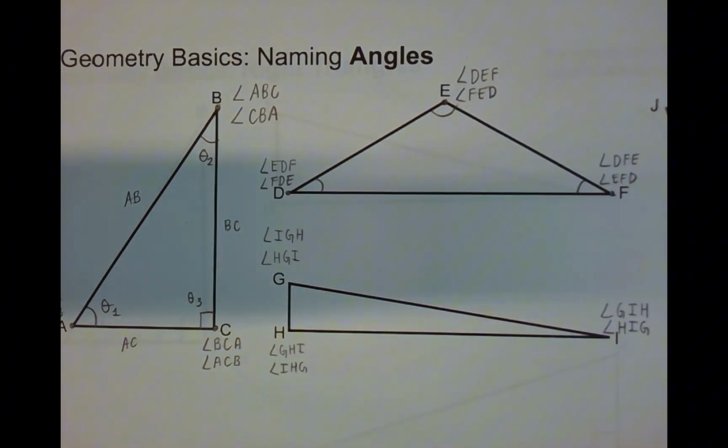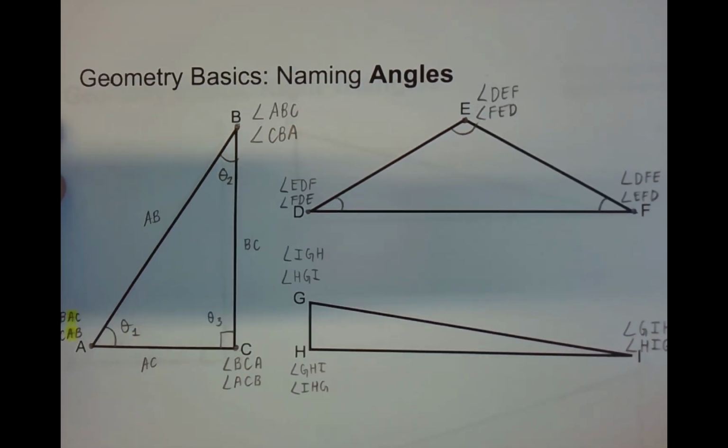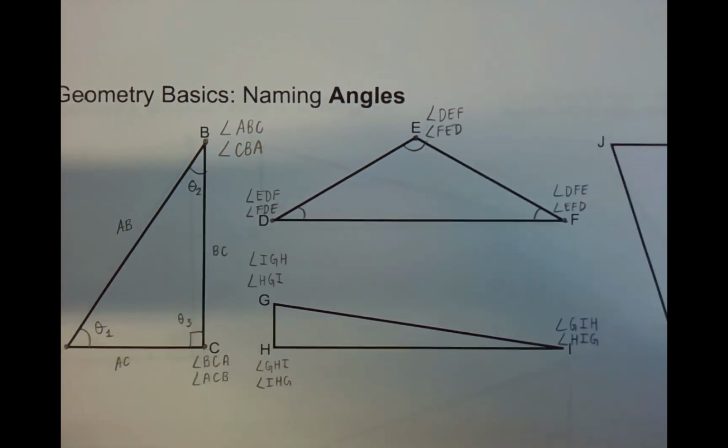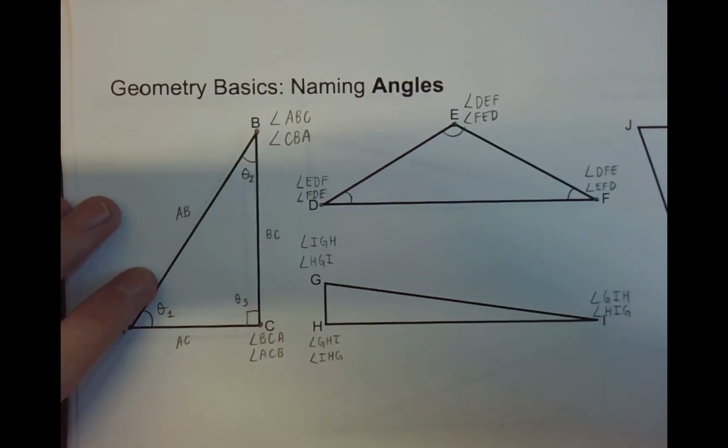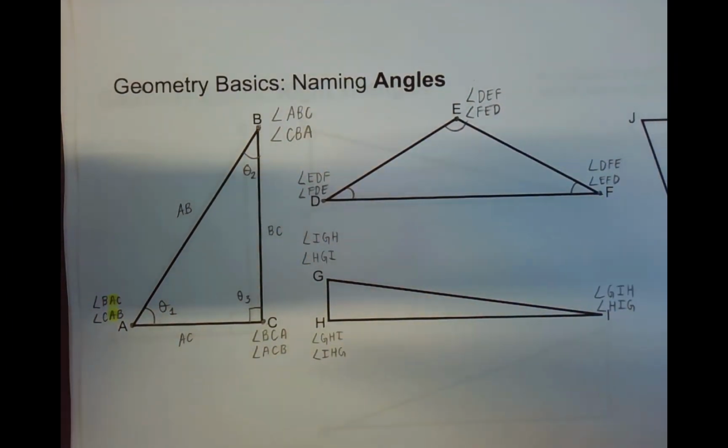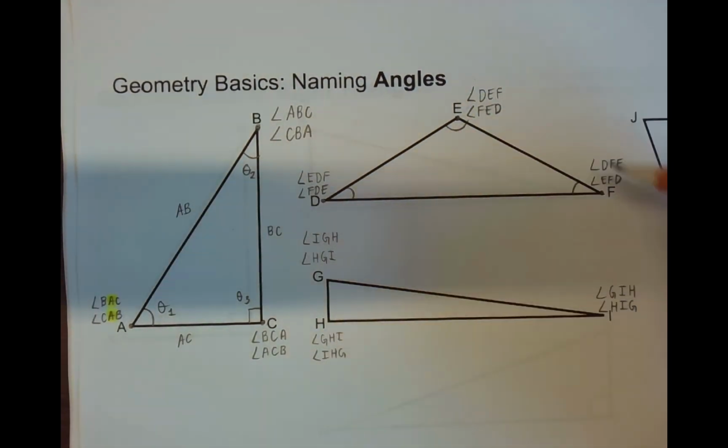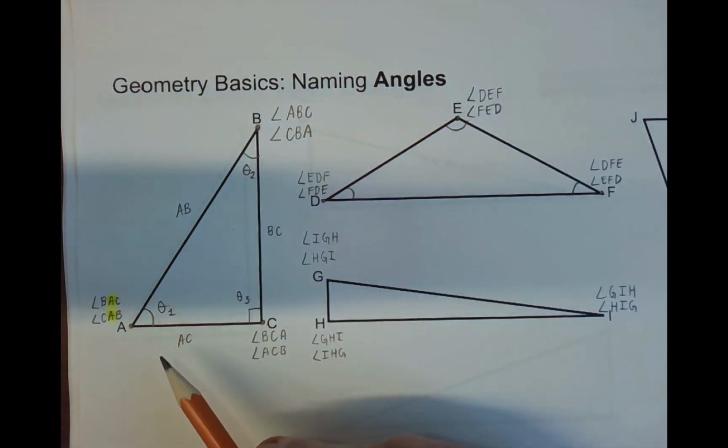So I just wanted to go over that because I think that's geometry fundamentals, beyond trigonometry, beyond anything like that, but just being able to name an angle specifically and name a line segment specifically is important in general.